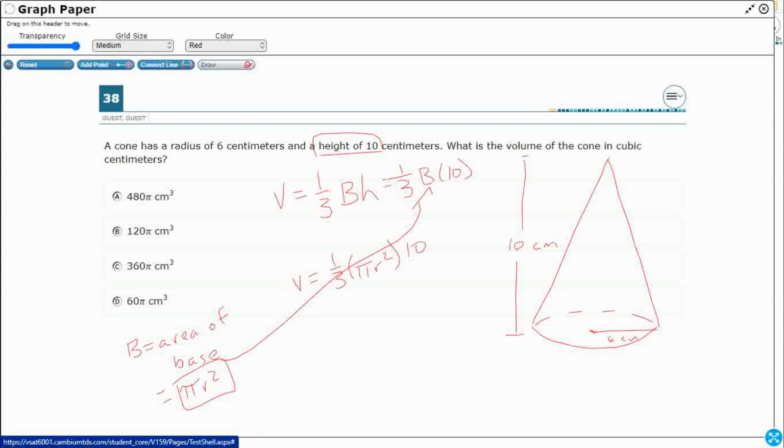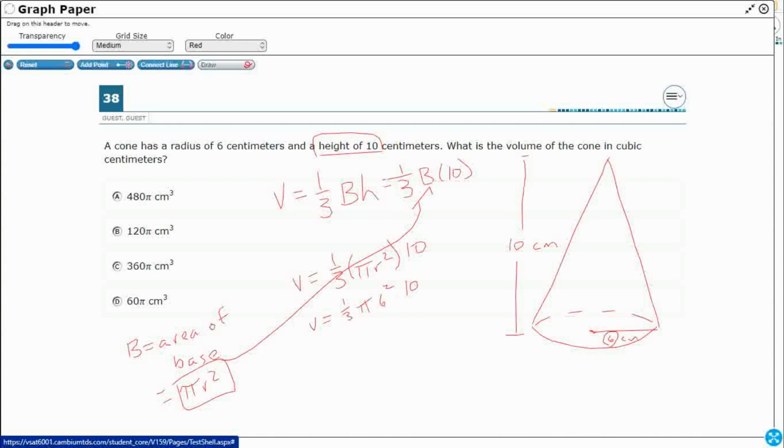All right, so I've substituted my base for the area of a circle, pi r squared, and I already know my radius is 6 right there. So I can rewrite that: volume equals 1/3 pi, and then 6 squared times 10.